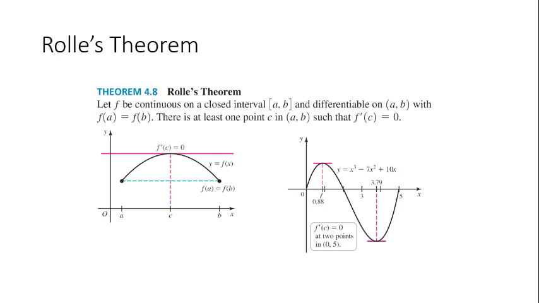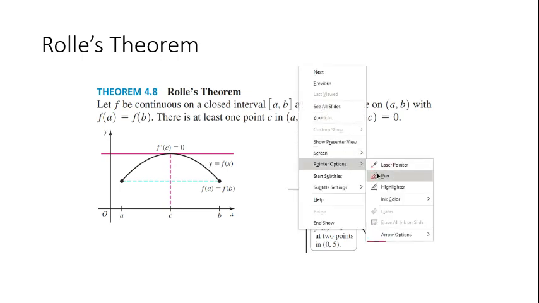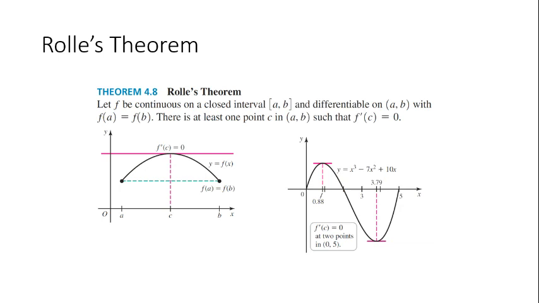So for Rolle's theorem, what that says is actually really specific. Let's say that you have a function that is continuous on a closed interval, and it is also differentiable on all interior points, and the two endpoints have the same y-coordinate.